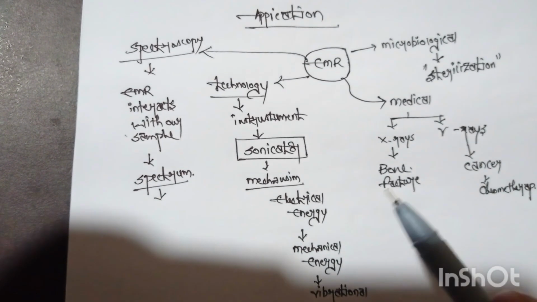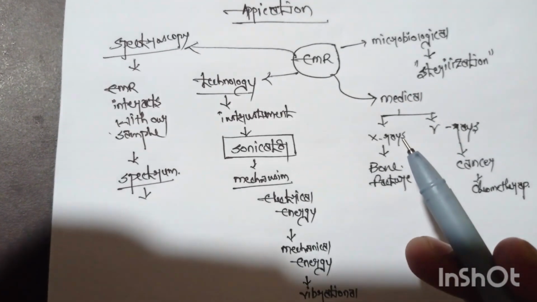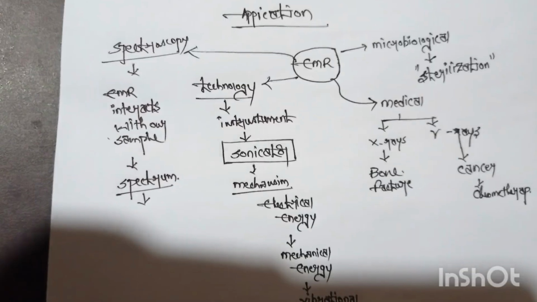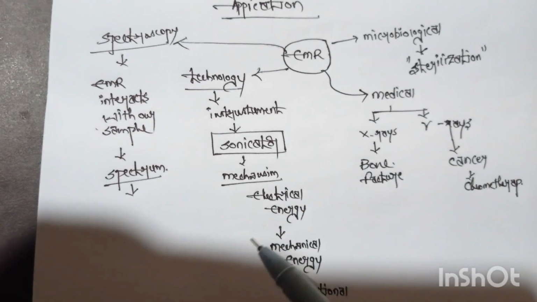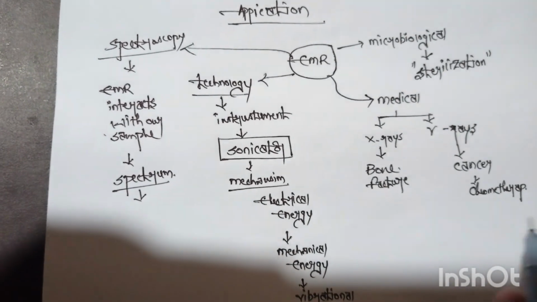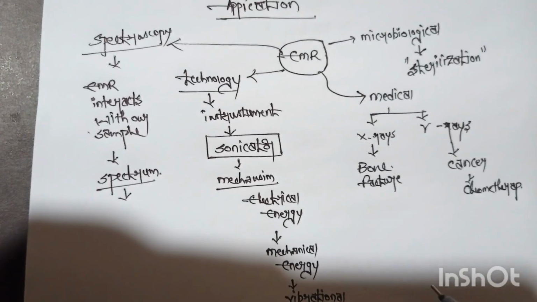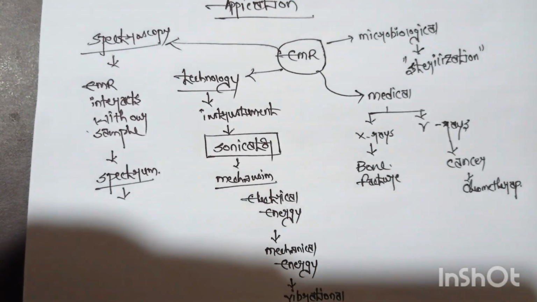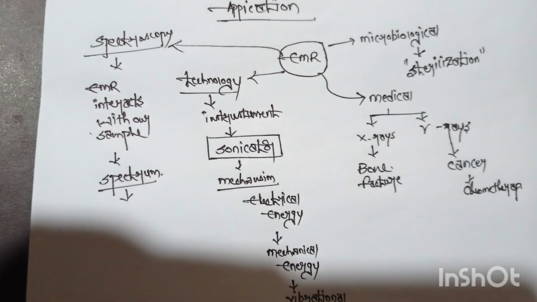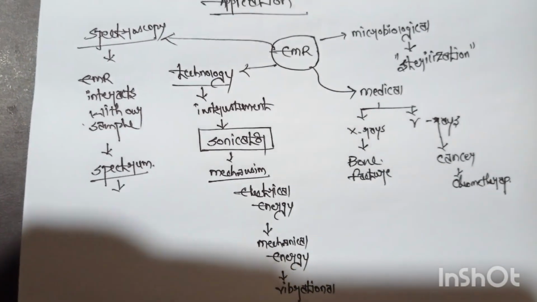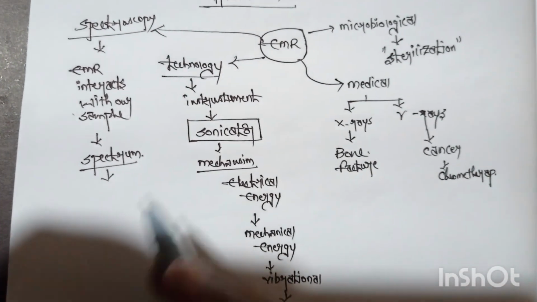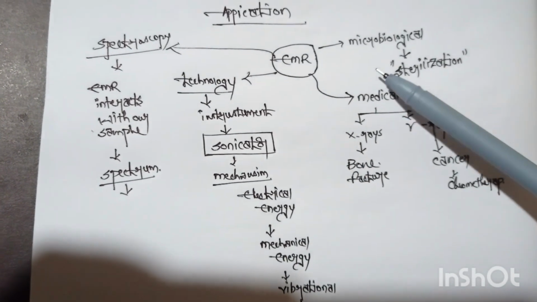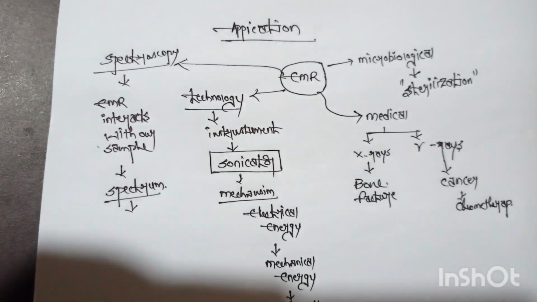If the spectrum is from NMR, carbon-13 NMR or proton NMR, from that we can estimate the carbon skeleton, and proton content as well. Like this, different electromagnetic radiation applications are there.